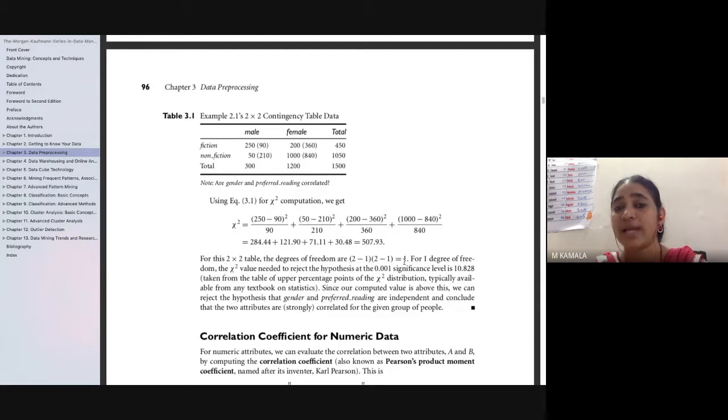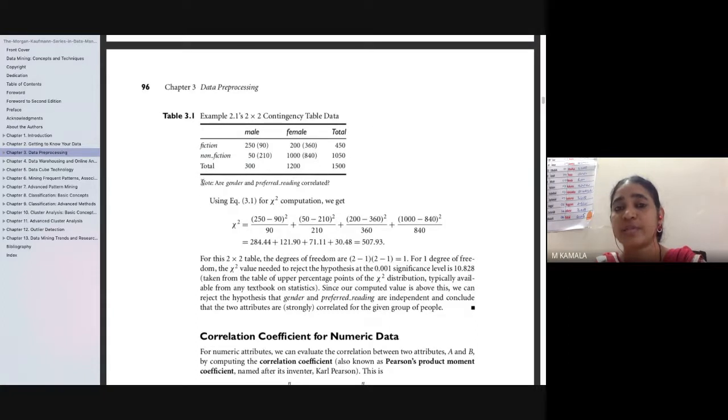If I have only one attribute here, my degrees of freedom will be the number of values minus 1. For example, if I have 4 types of books and I don't have the analysis for the type.